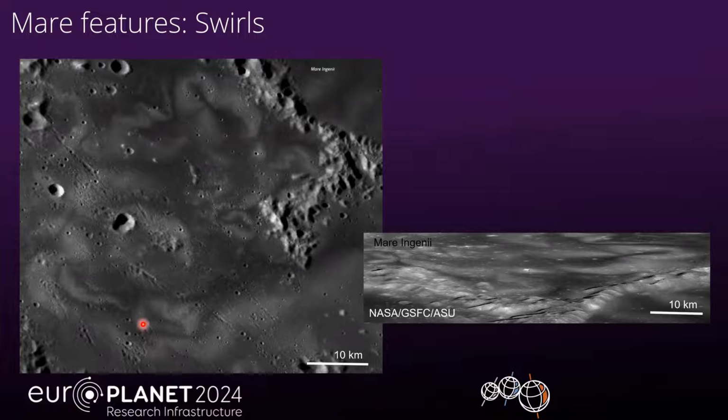Here you can see that there are all these little chains and sort of herringbone patterns of small craters that are also in this area. Those are secondary craters that come from larger craters that are a bit farther away and have hit the surface at an angle.